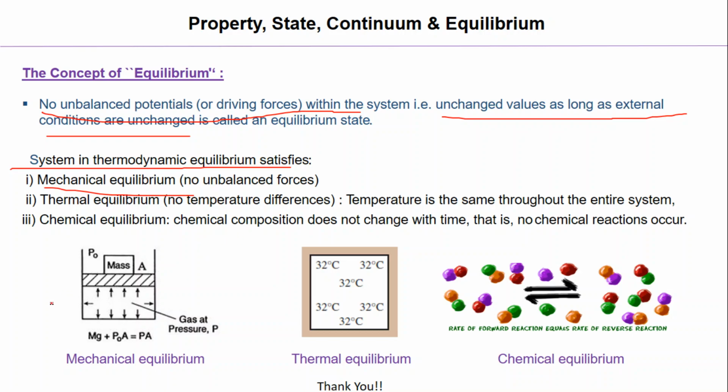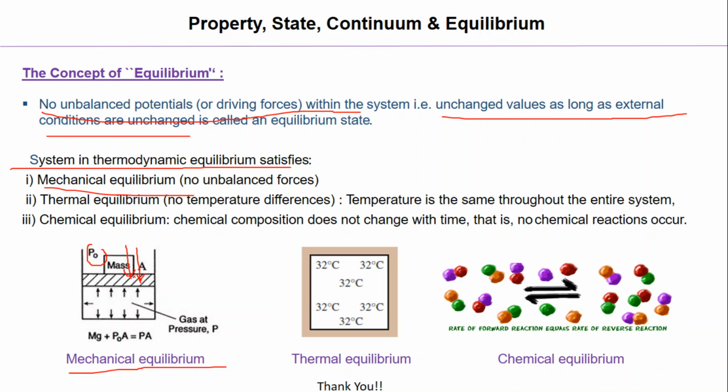We can understand through this figure which shows the mechanical equilibrium. Here you can see this is the mass M which is kept on the piston. Let us neglect the piston mass, or you can include the piston mass with this mass as M. And this is the outside pressure which is also working in the direction of the mass. M into g is working downward.